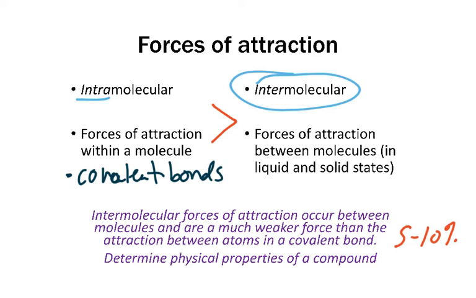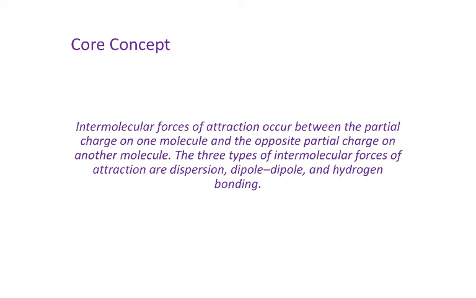So why and how do we have intermolecular forces? Well, this is one of the core concepts. Intermolecular forces of attraction occur between the partial charge on one molecule and the opposite partial charge on another molecule. Right, so remember we talked before about electron distribution and unequal pulling and sharing of the electrons, and that can lead to partial charges.